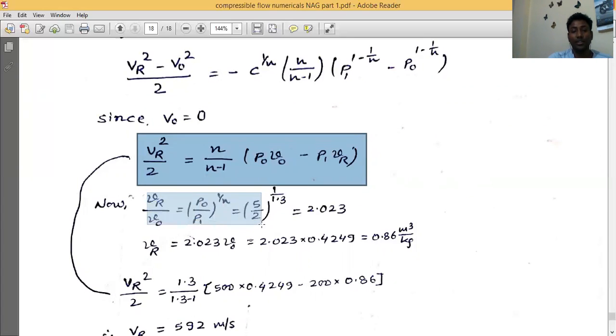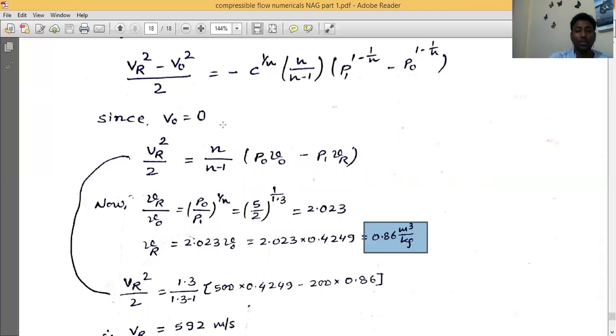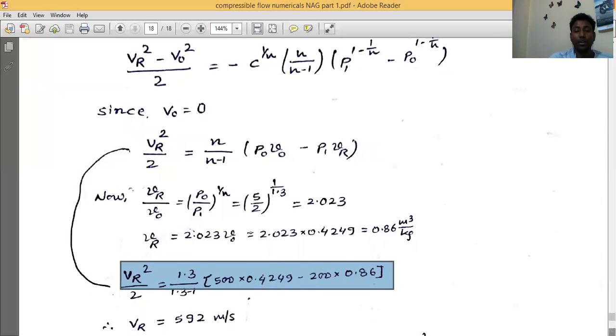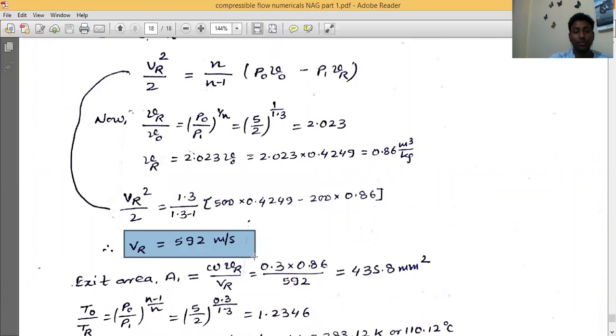So Vr upon V naught can be expressed in terms of P naught upon P1, and Vr can be calculated as 0.86. Now in this expression, all the values we know: n is given, P naught is given, V naught we have read out, P1 is given, Vr we have calculated. Therefore, by substituting all the data, we have the velocity at the exit of supersaturation flow.